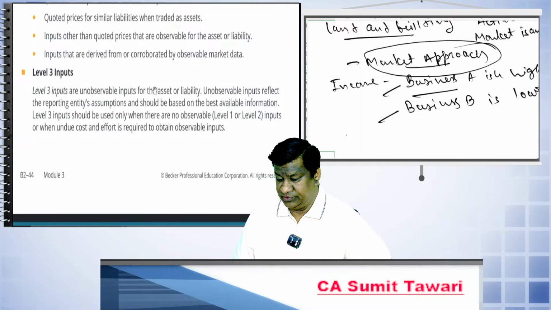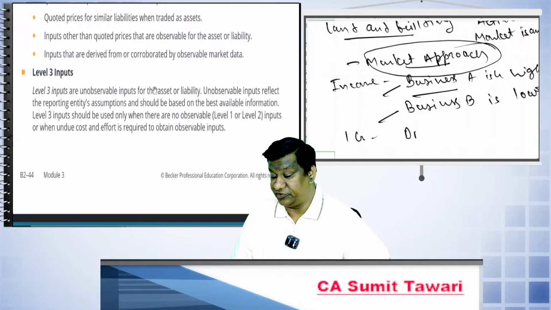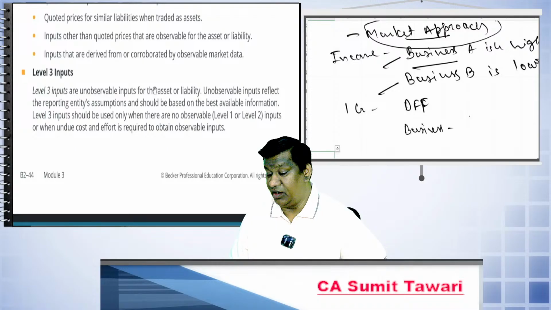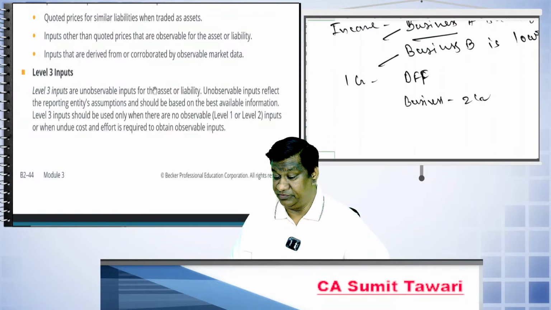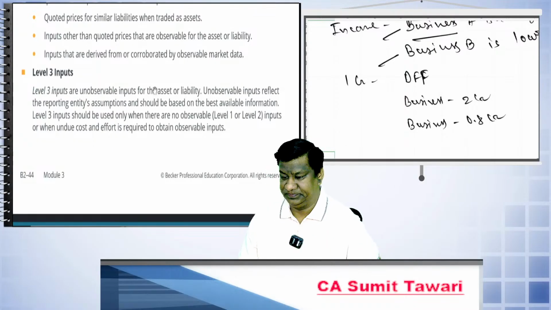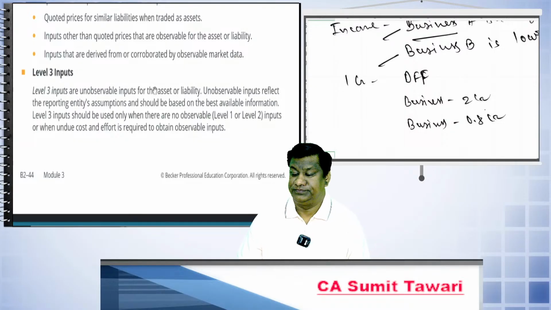Say as per the market approach, it is 1 crore, but business A can earn 2 crore and business B can earn 0.8 crore.